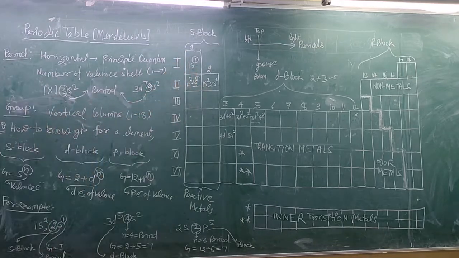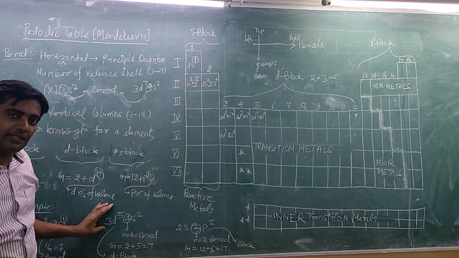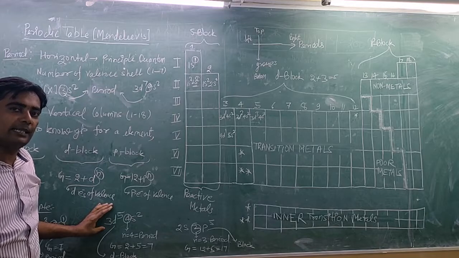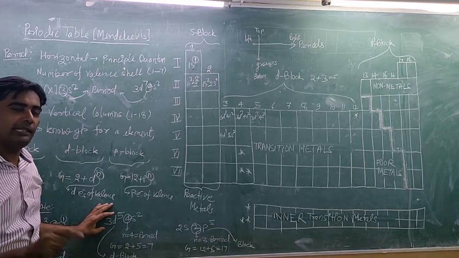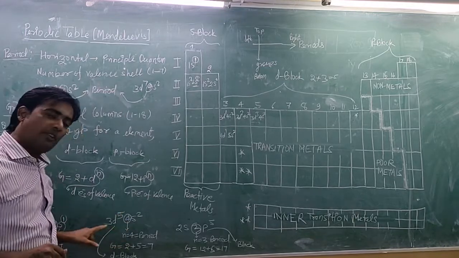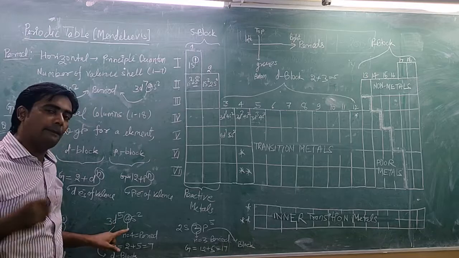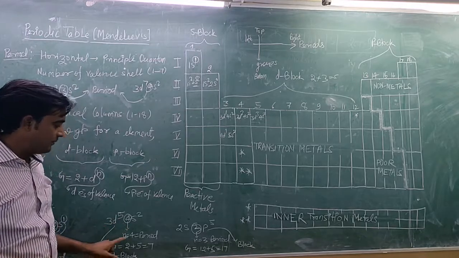Now another example. If you have this electronic configuration and you want to calculate the exact location in the periodic table, then you need to apply the formula accordingly. You look at the electronic configuration first, then find the principal quantum number. The principal quantum number is 4, so the period is 4.